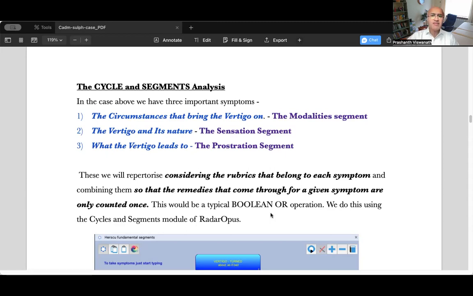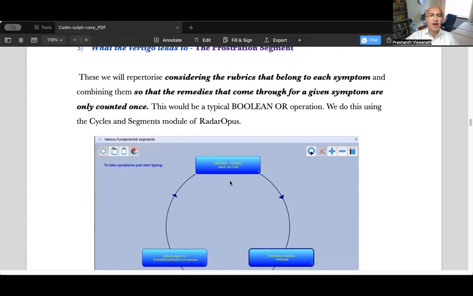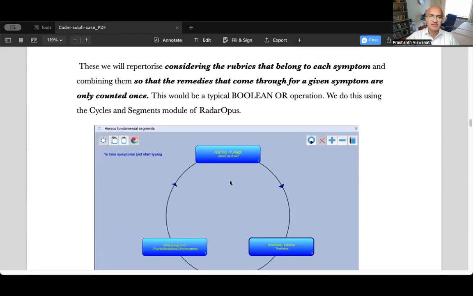Now, within that segment, you keep or you add all related rubrics which express the same idea. Because of the way the Herscu module is constructed, if in three or four rubrics a remedy is repeated more than once, it is going to be counted only once, because of what is called a Boolean OR operation that happens between all the rubrics that you add to a particular segment.